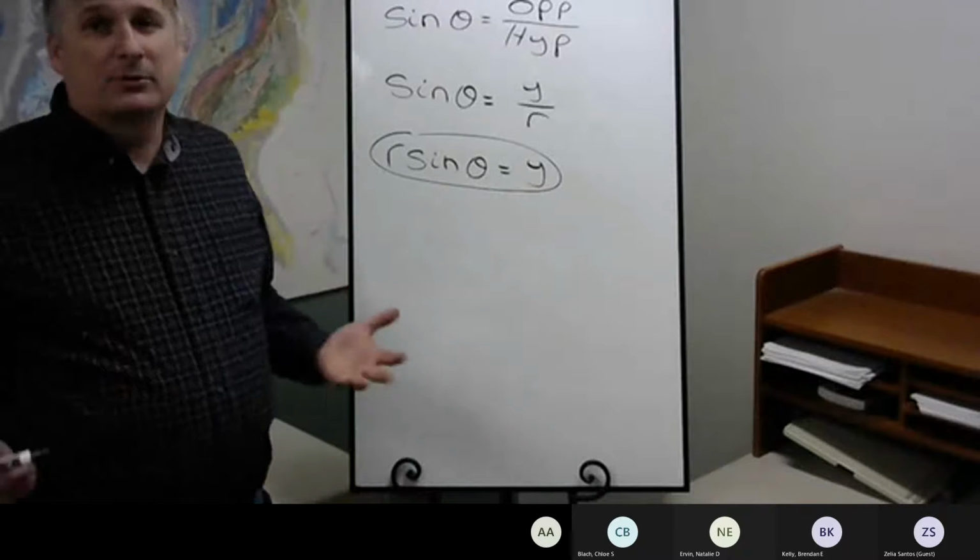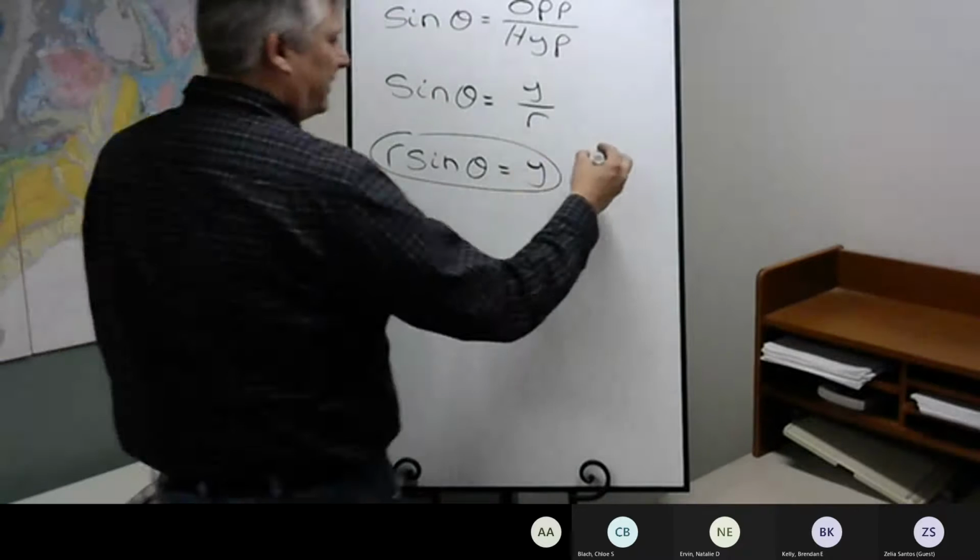Now, if you take a look at that triangle in the circle, it forms a right triangle, roughly like this.